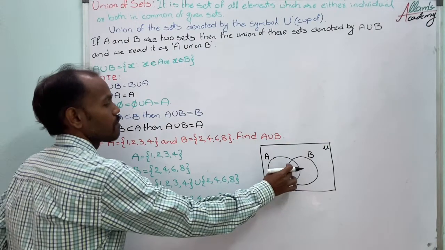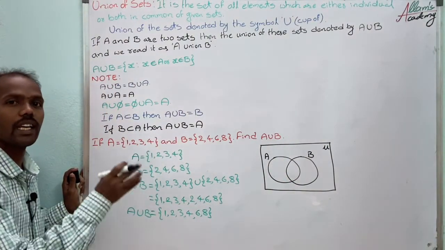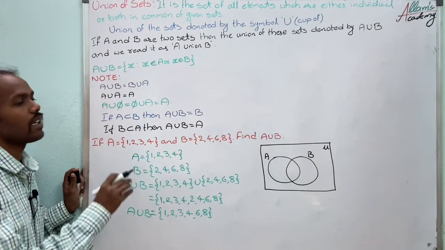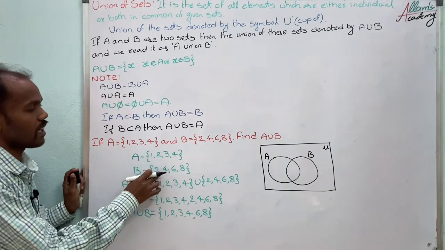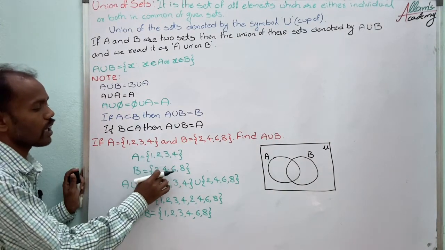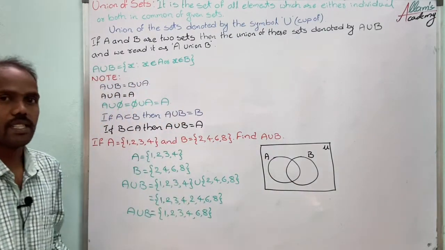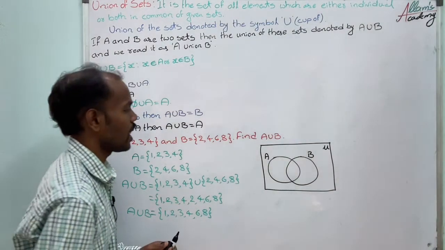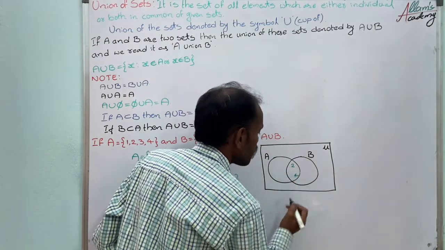In that space we write any common elements of both sets. Both sets contain 2 and 4 as common elements, so we write 2, 4 in that common space.